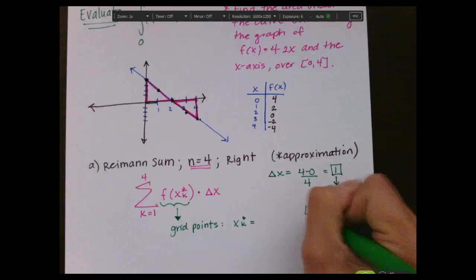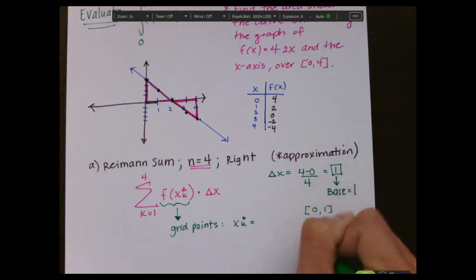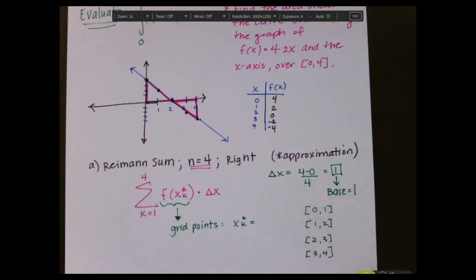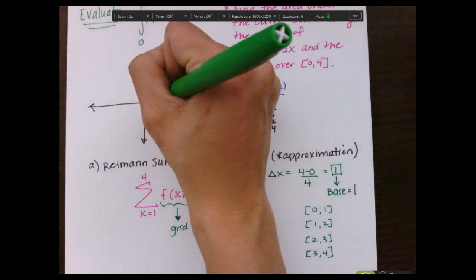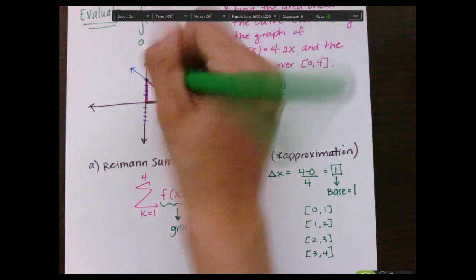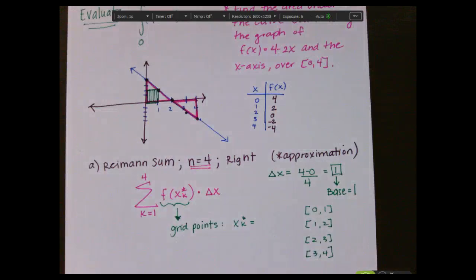So if I have these intervals, 0 to 1, 1 to 2, 2 to 3, and 3 to 4, I want to use the right-hand endpoint from every interval in order to calculate my height. So in the first rectangle, the height of my rectangle is going to be f of 1. So I'm going to be calculating the area of that rectangle right there.